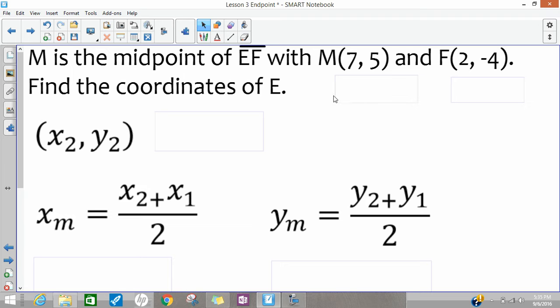So let's try one. Given the midpoint M of segment EF, and I'm told M is 7, 5, so that's my XM, YM. And I'm given one of the endpoints F, so that's my X1, Y1. And we're looking for the coordinates of E, and that'll be my X2, Y2.